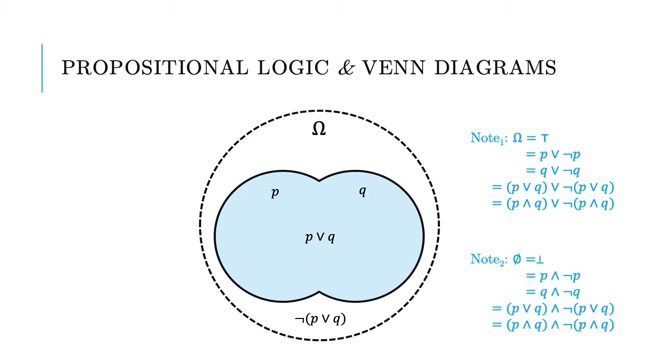And the empty set, the null event, is equivalent to the contradiction, so that we have other equivalent propositions like P and not P, and Q and not Q, and (P or Q) and not (P or Q), and so on.